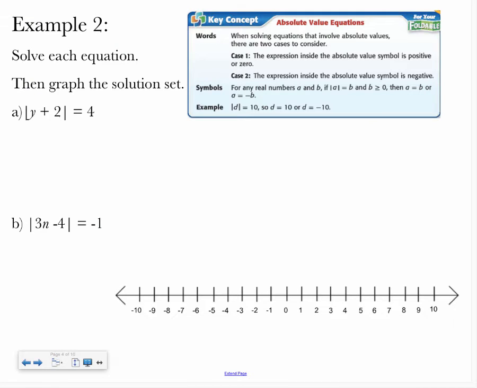Let's look at our second example. We want to solve each equation, then graph the solution set. Okay, so I included this little box up here for helpful information if you want. I'm going to just kind of walk through how to do these problems. So we have the absolute value of y plus 2 equals 4.